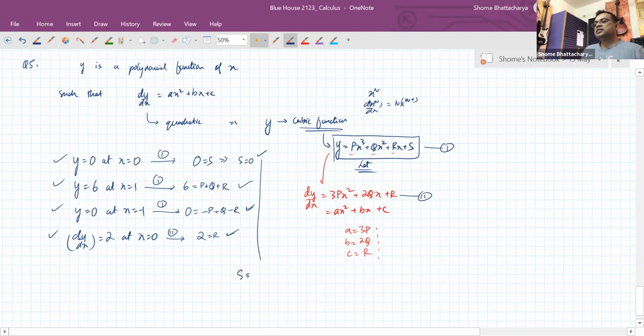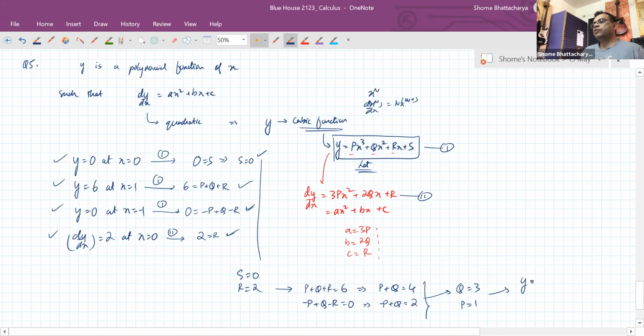So we can see that s is equal to 0, r is equal to 2. Okay. Now we have p plus q plus r is equal to 6. That means p plus q is becoming 4. And we have minus p plus q minus r is equal to 0. That means minus p plus q is equal to 2. So solve these and you will get q as 3 and we'll get p as 1.